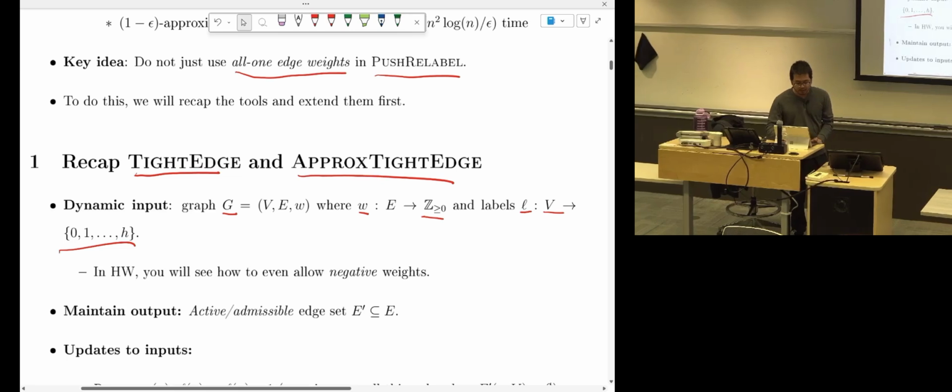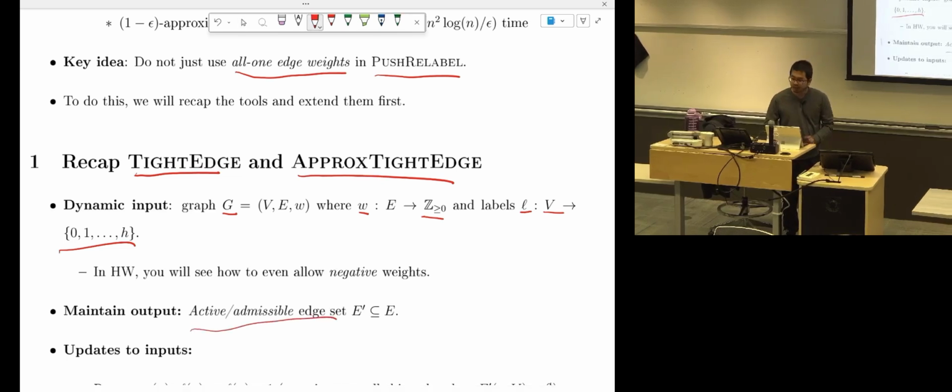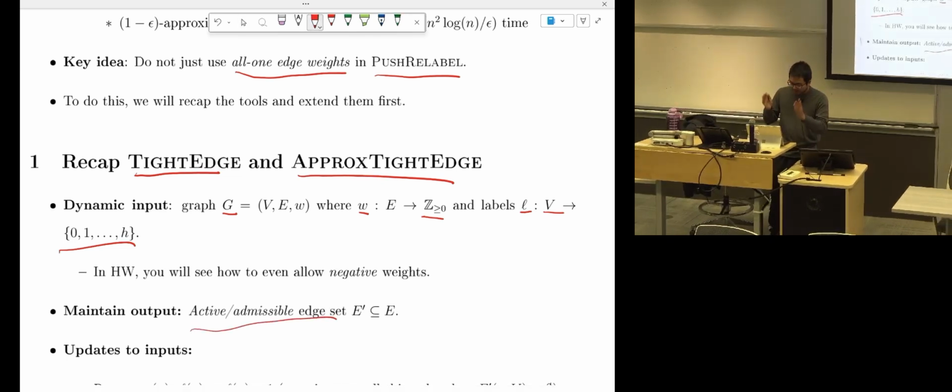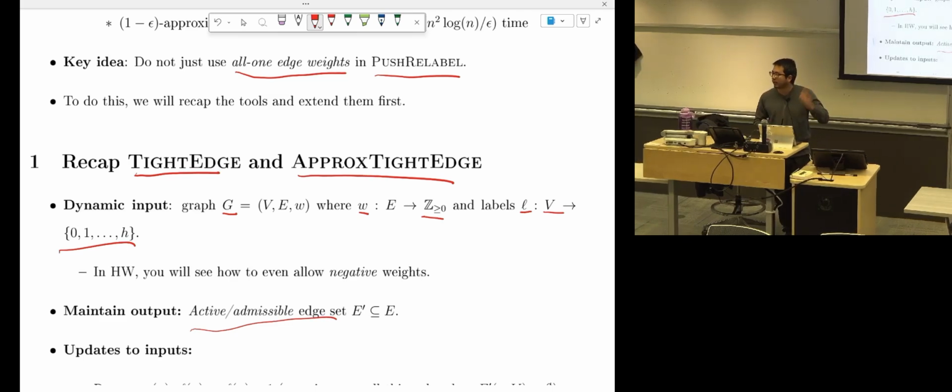And we're going to maintain an active edge set. Anyone recall what's the intuition about this active set? They're all tight. There's basically the tight edges. Okay, what's tight?